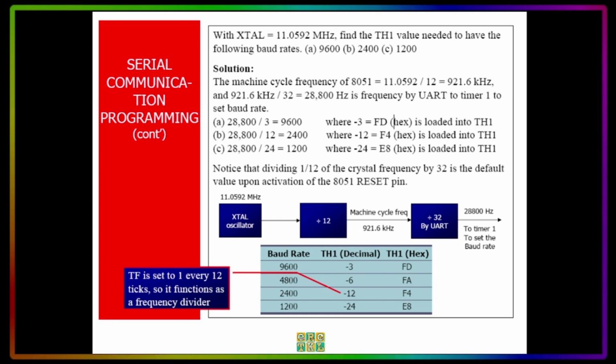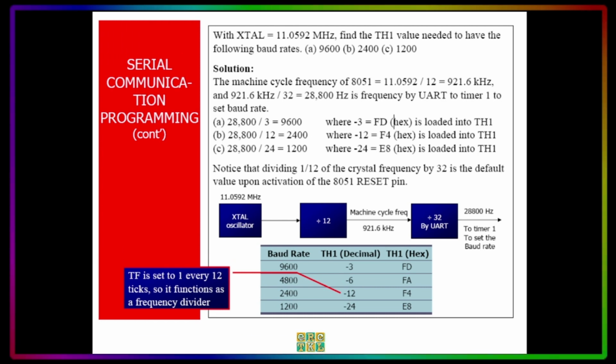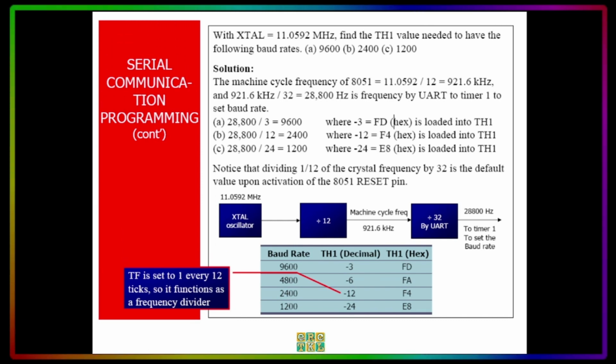We will have an answer in megahertz, converted to kilohertz. That will be 921.6 kilohertz. And then after that, we need to divide this 921.6 kilohertz by 32, and we will be getting 28,800 hertz, which is the frequency used by the UART with timer 1 to set the baud rate. So this is the procedure.